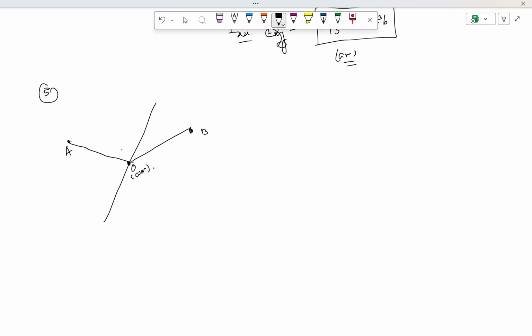Now we can draw perpendicular lines. Sorry, this is not perpendicular.